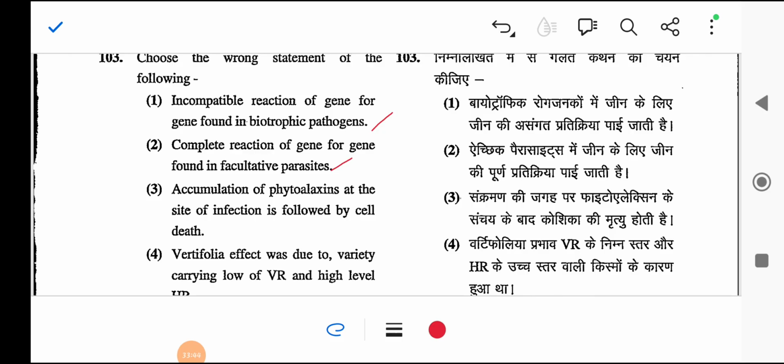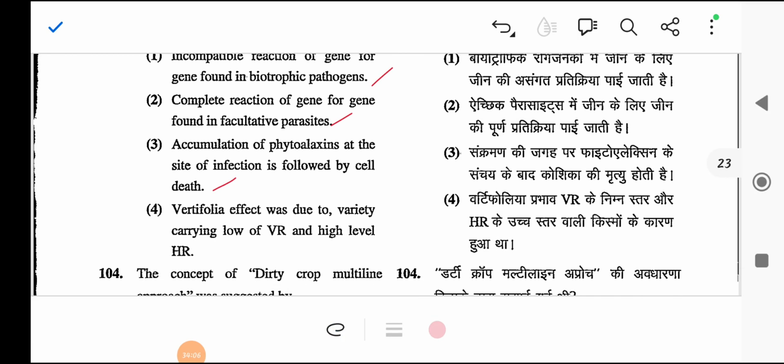In biotrophic it is incompatible reaction. Next is accumulation of phytoalexins at the site of infection is followed by cell death. It is also true. Next is vertifolia effect was due to variety carrying low of VR and high level of HR. So this is wrong. Okay.